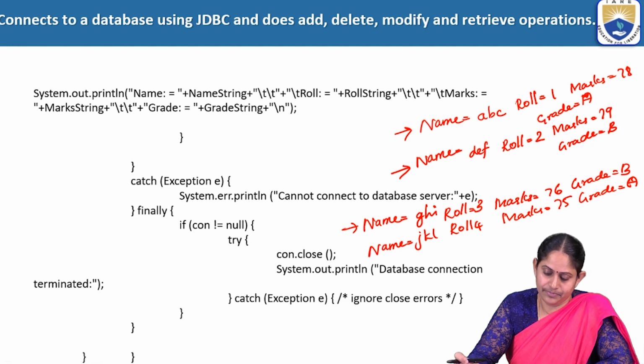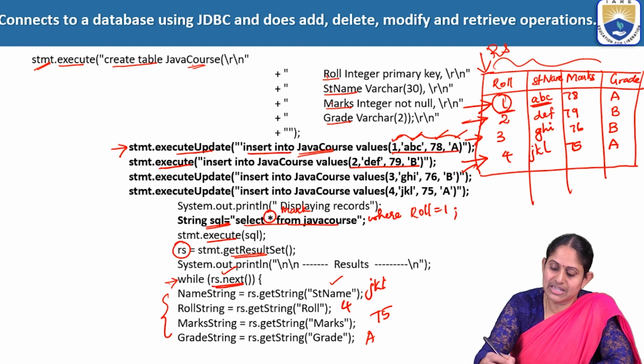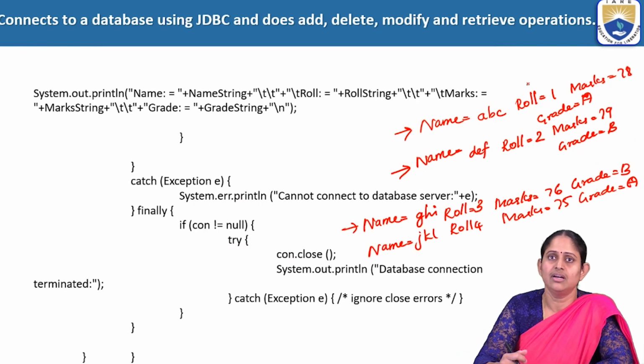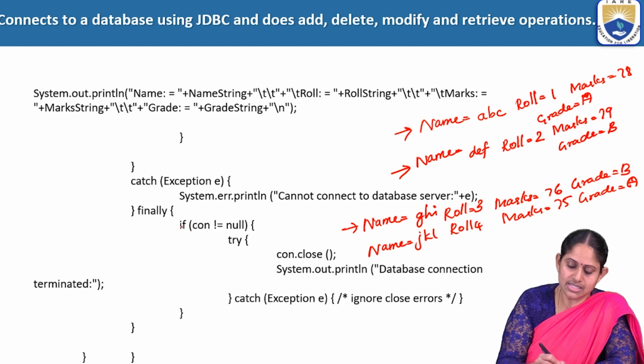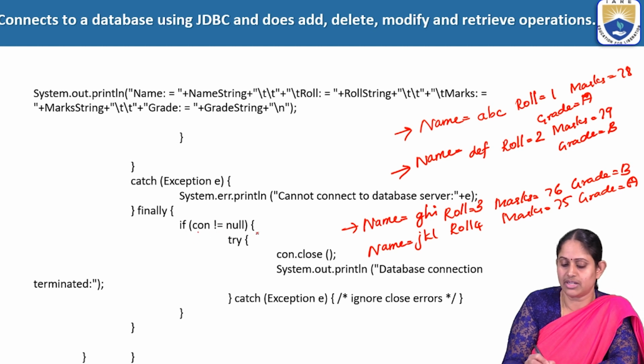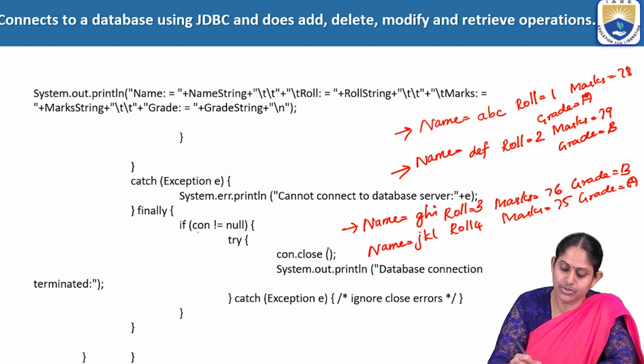Now once we have performed all these operations, next we have to close the connection object. Since the connection object is not null, we have to close it.